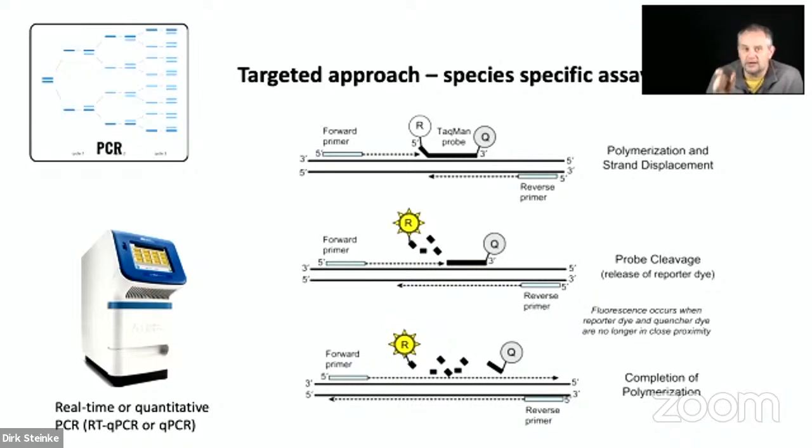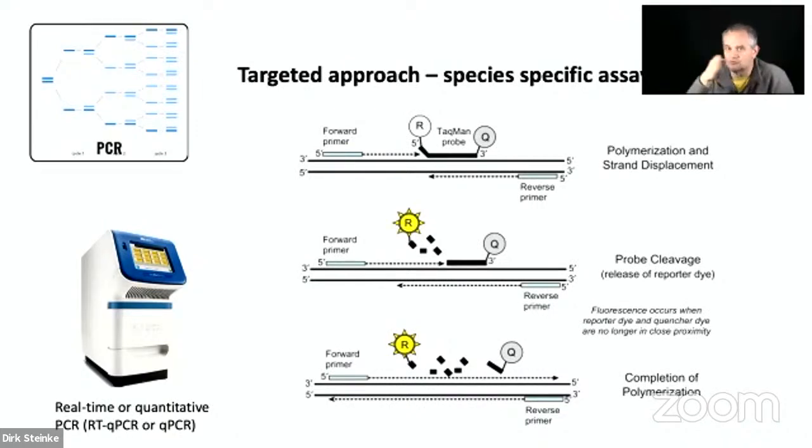So when this probe binds during PCR, and we're using something that's called quantitative PCR in this case, or real-time PCR. So when you run a regular PCR, the probe binds to your target DNA. At the same time, the polymerase starts its normal PCR job, trying to elongate the fragment and do polymerization there. By the time it reaches the probe, that's something that you see in the second of these little cartoons on the slide, it starts to digest or to cleave all these little parts of the probe itself.